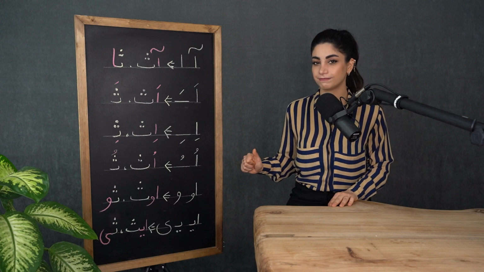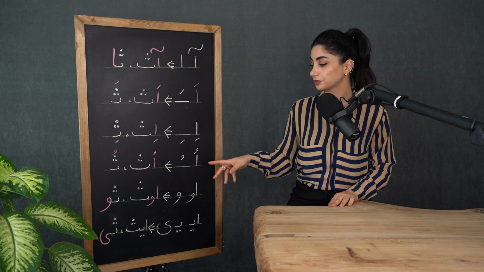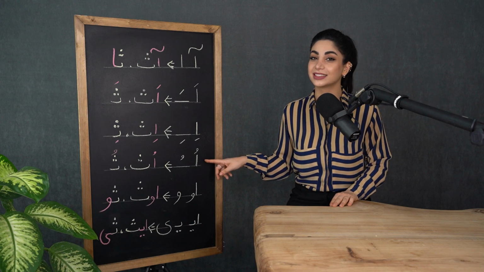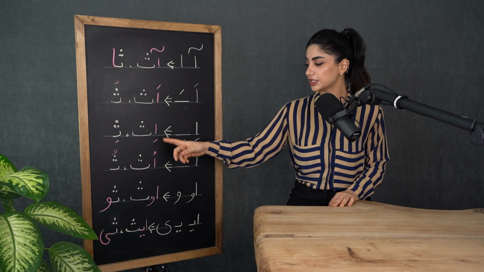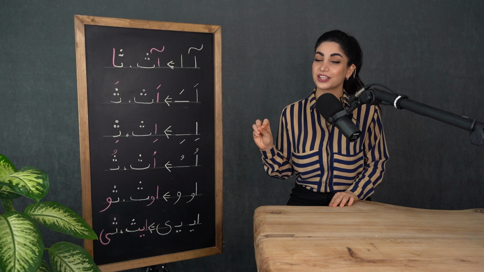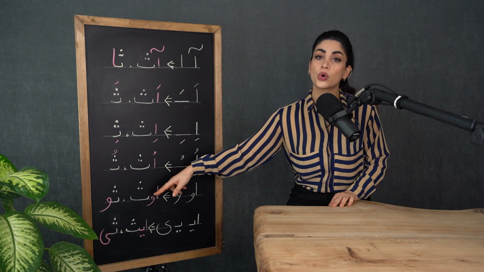Next one. Exactly. O, o. The one that doesn't attach, the one that attaches. So when it comes here, the one that doesn't attach to anything comes with the capital one: os.